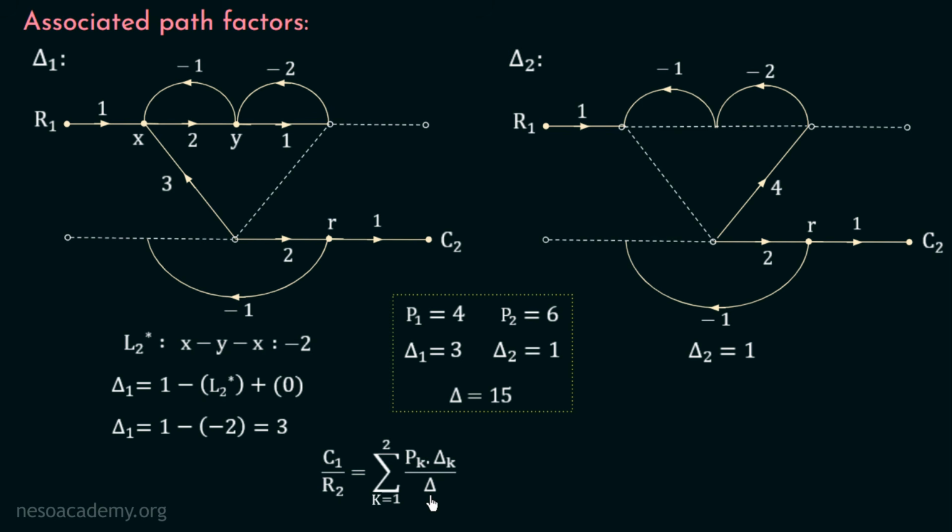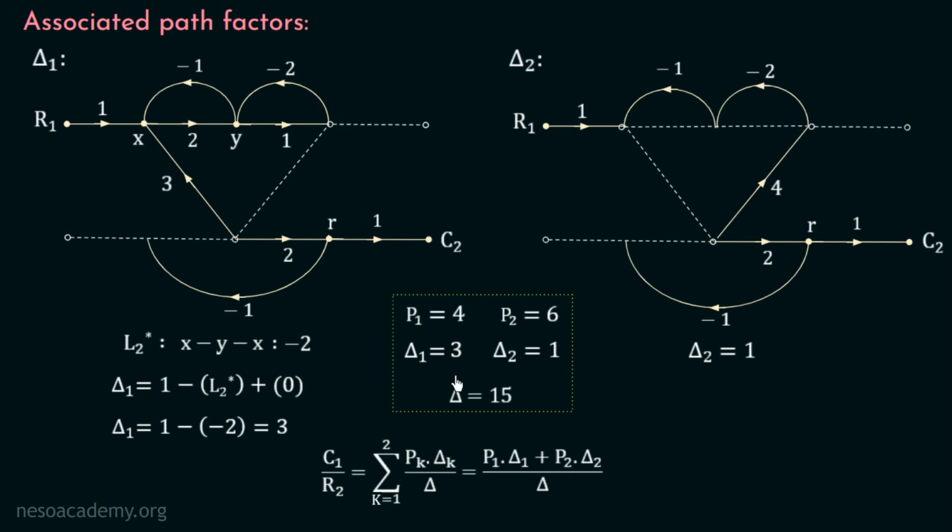Since the number of forward paths in this signal flow graph is equal to 2, the value of n in this equation is equal to 2. Now, if we open this summation, we will have C1 over R2 equal to P1 multiplied with del 1 plus P2 multiplied with del 2 over delta.